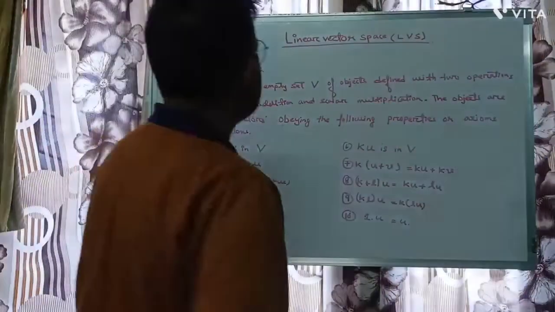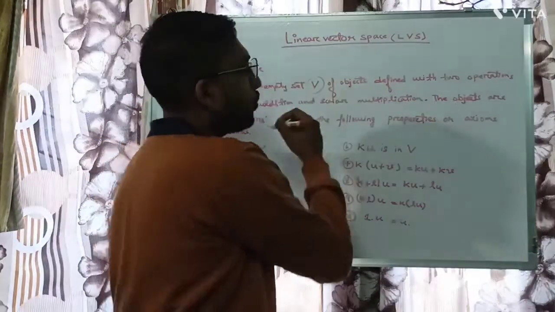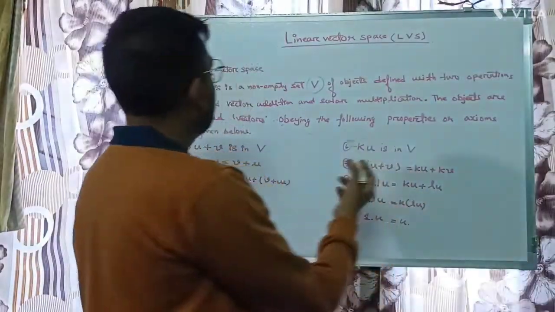So a linear vector space is a non-empty set V of objects defined with two operations called vector addition and scalar multiplication.